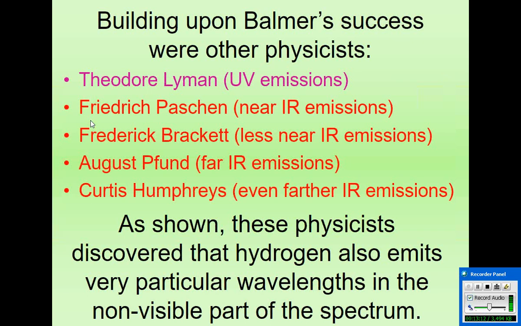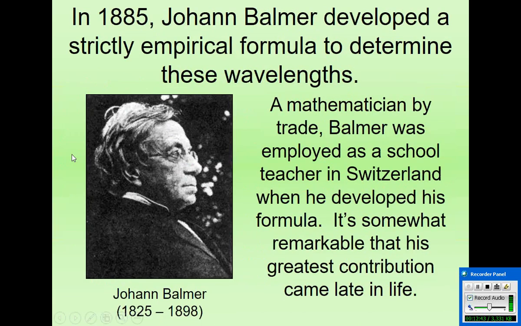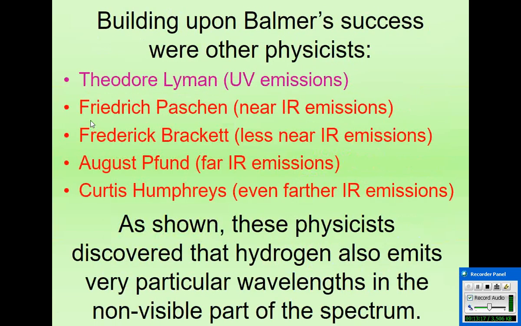You had other European and American scientists, Friedrich Paschen, Frederick Brackett, August Pfund, Curtis Humphreys, finding emission spectra from hydrogen in the infrared part of the spectrum. So from the ultraviolet part of the spectrum into the visible part into the infrared part of the spectrum, hydrogen is emitting very particular wavelengths of light.